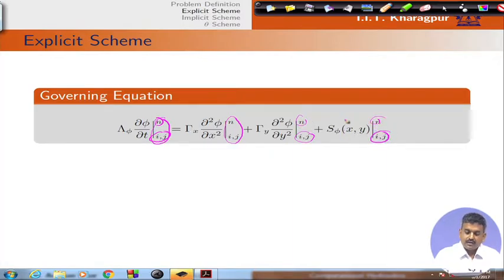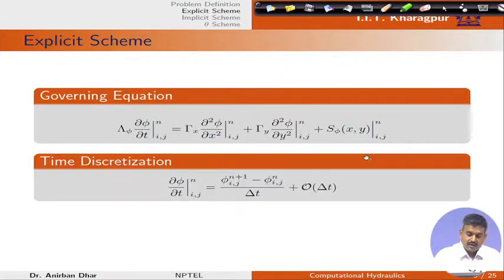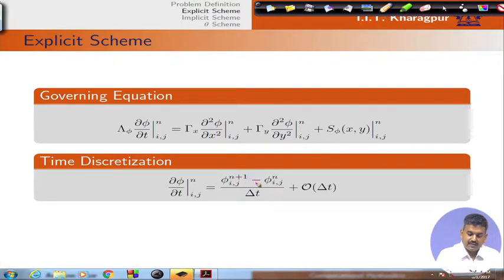This sourcing term we need to consider at n, i, j level. With this, if we discretize our temporal derivative, then we can see that this is forward difference in time, and we have discretization or truncation error of order delta t.